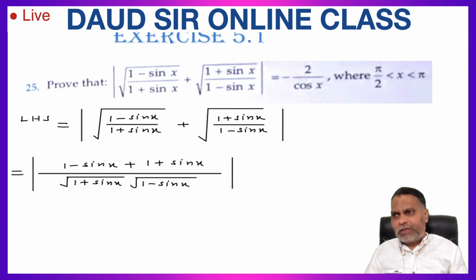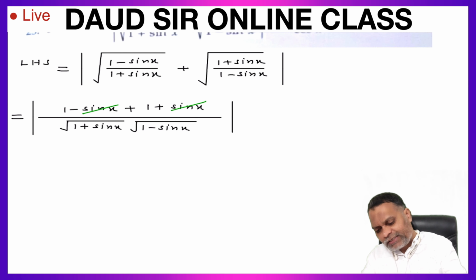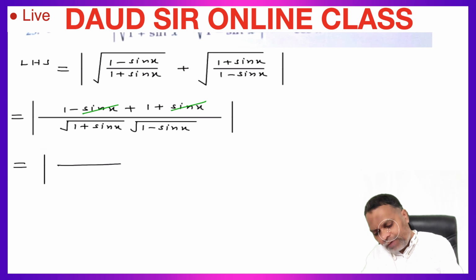Keep writing this modulus sign as it is. Now this negative sin x and positive sin x get cancelled. So modulus of 1 plus 1, 2. Here we can apply the identity (a plus b) into (a minus b) equals a square minus b square.